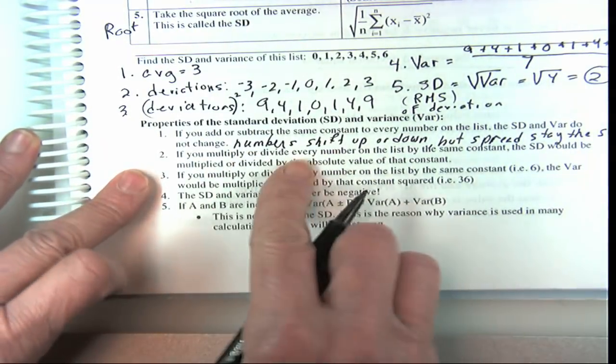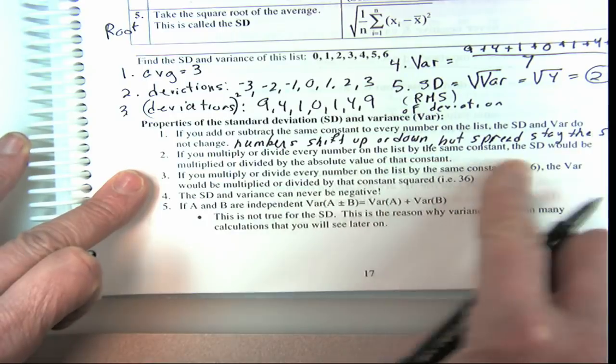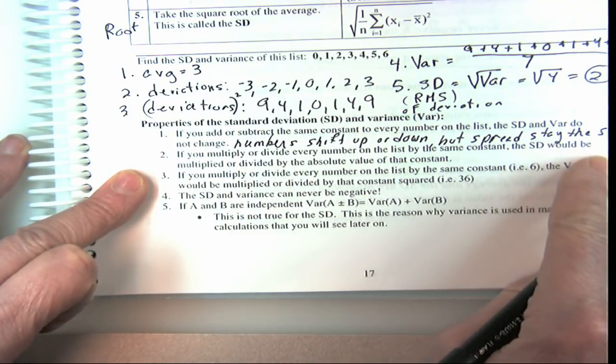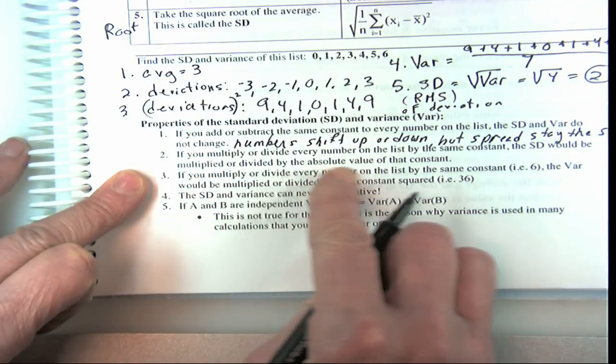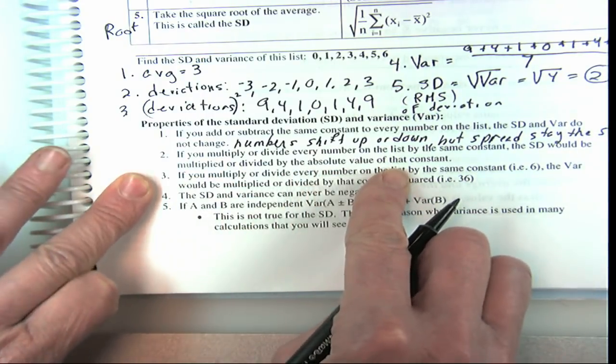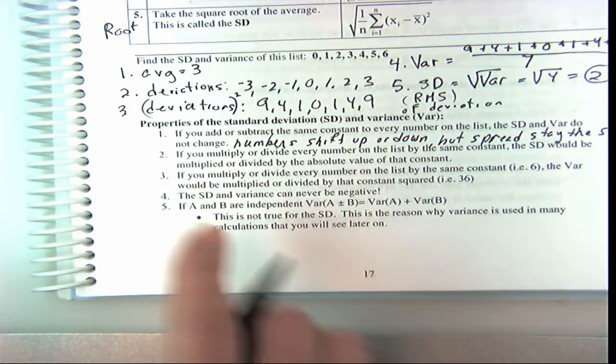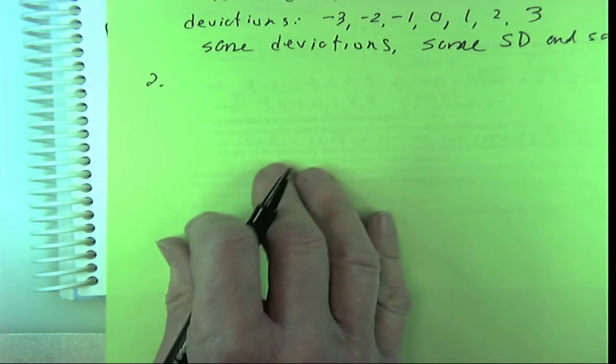Okay, what about if you multiply or divide every number on the list by the same constant? What would happen? It says the SD would be multiplied or divided by the absolute value of that constant. So let's try that. So this was property 1. Now we're doing 2.